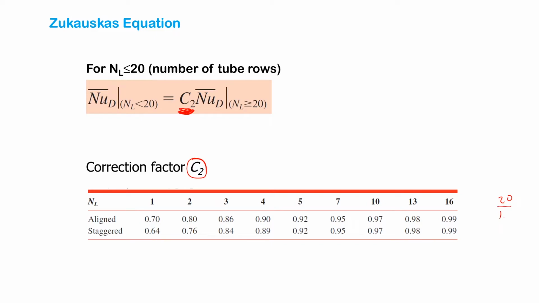So if you have 20 or more, you have 1. So you can interpolate, let's say if you have 12, you interpolate between 10 and 13, between these two values to get the correction coefficient. And then you multiply your Nusselt number as if you calculated it with 20, and that's how you get the corrected Nusselt number.